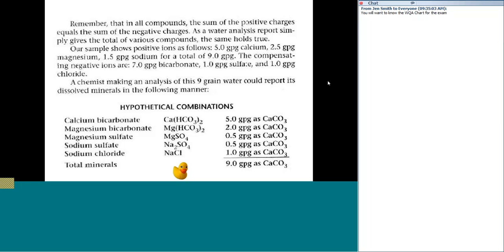So remember that when you're measuring hardness, it's not just calcium and magnesium. There are a lot of other different compounds in the water that could make up those grains per gallon, that would make up that hardness.